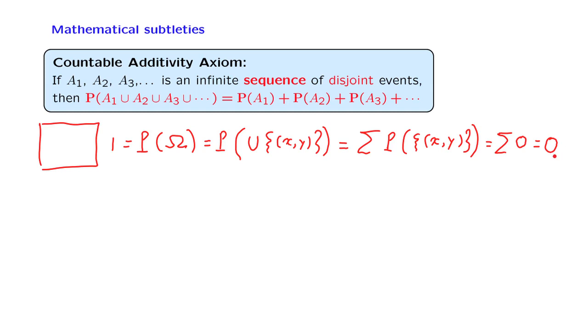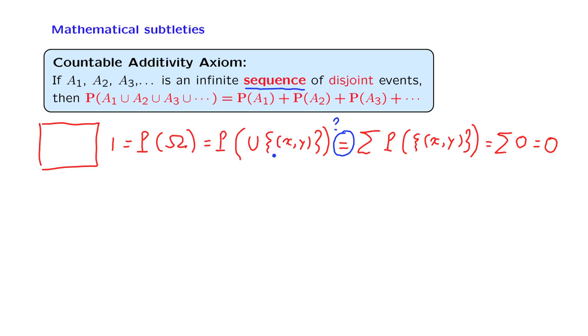Is it? The catch is that there is nothing in the axioms we have introduced so far, or the properties we have established, that would justify this step. So this step here is questionable. You might argue that the unit square is the union of disjoint single element sets, which is the case that we have in additivity axioms, but the additivity axiom only applies when we have a sequence of events.